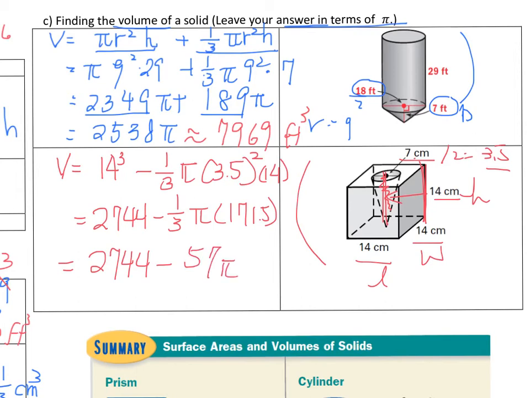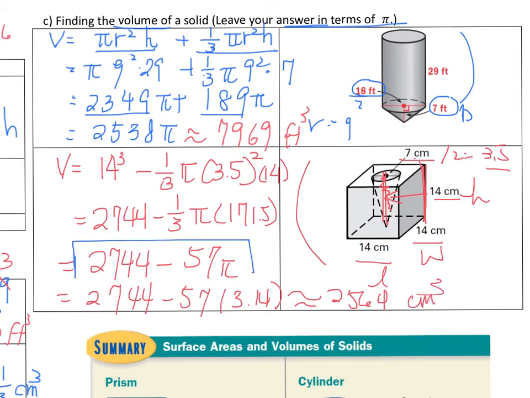And if you want to keep going, you should get about 2,564 centimeter cubed. So we might just ask you to leave your answer at this point because the numbers are too big and ridiculous, even though it's manageable.